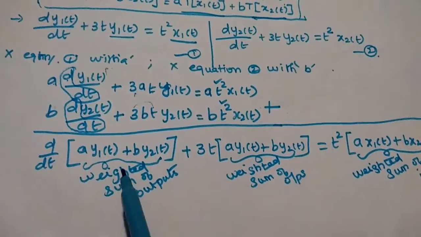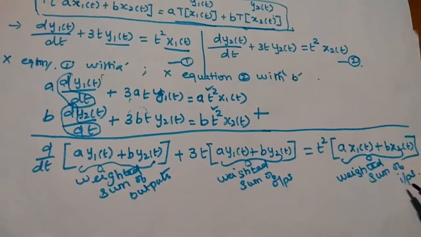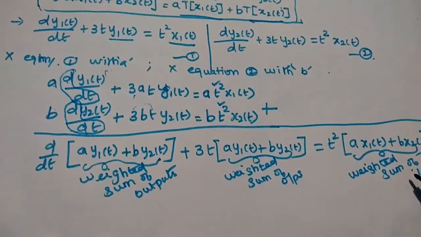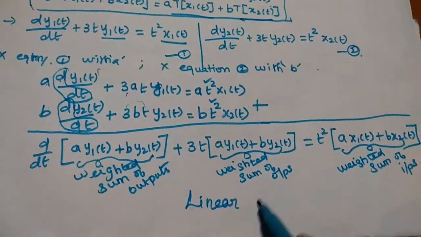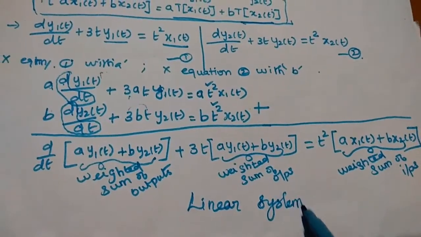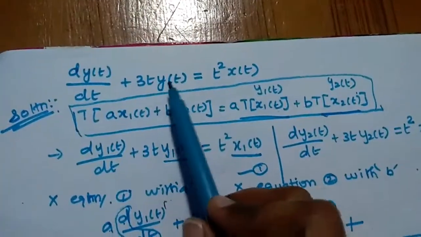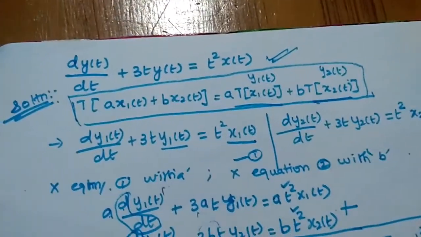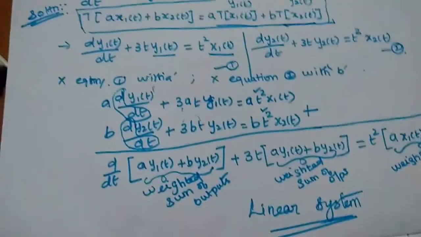Inside this bracket, the weighted sum of outputs is equal to the weighted sum of inputs. So that is what is called a linear system. The given system dy of t by dt plus 3t y of t is equal to t squared x of t is a linear system because it satisfies the superposition principle.